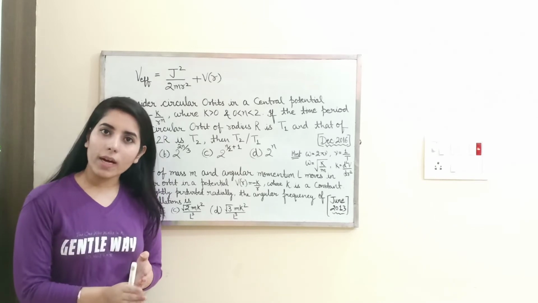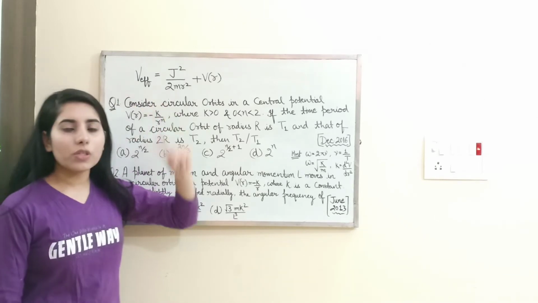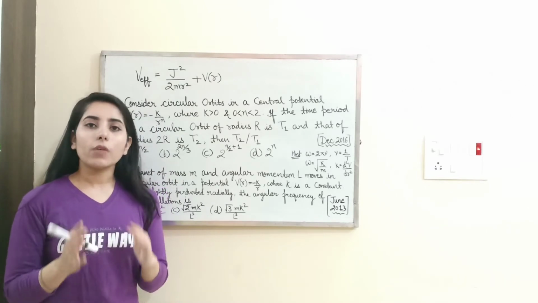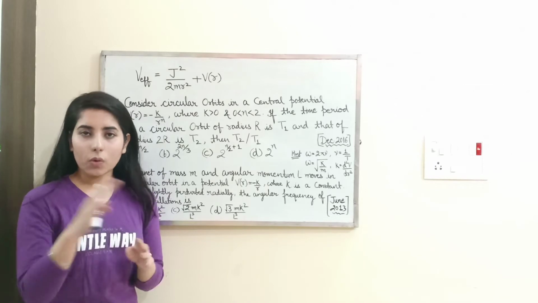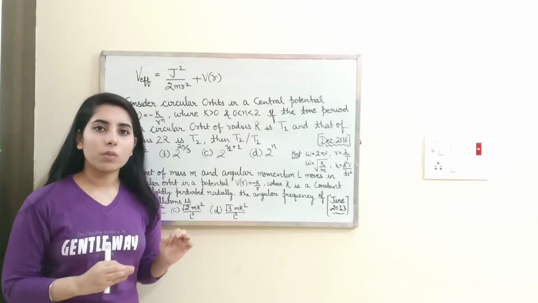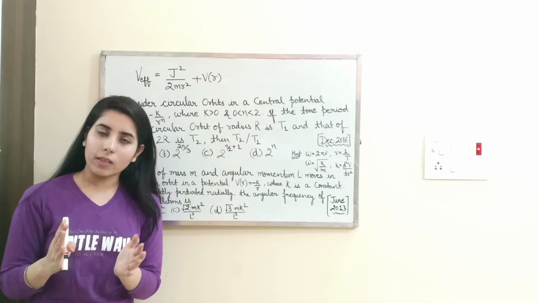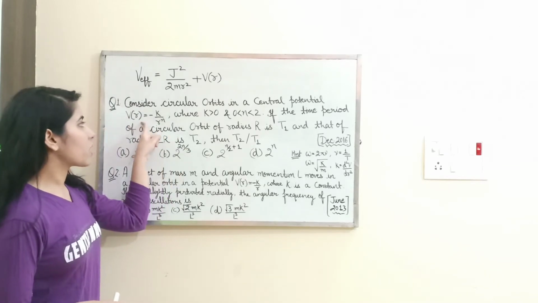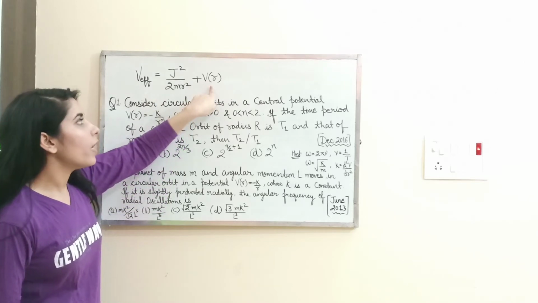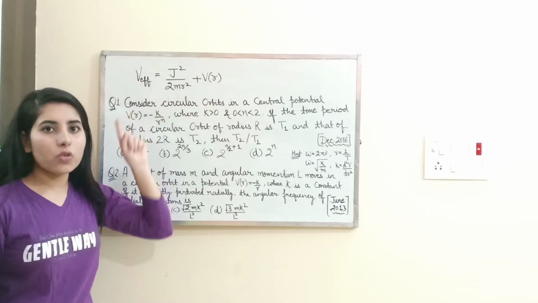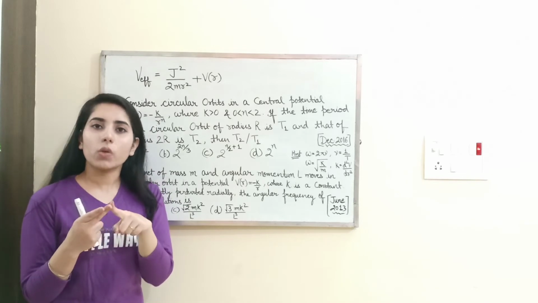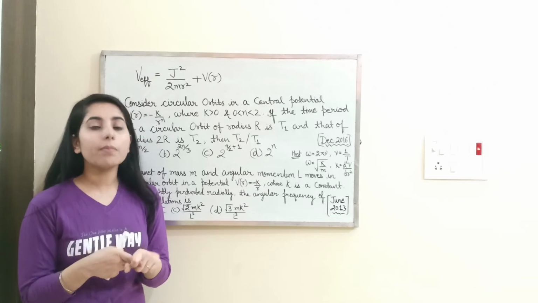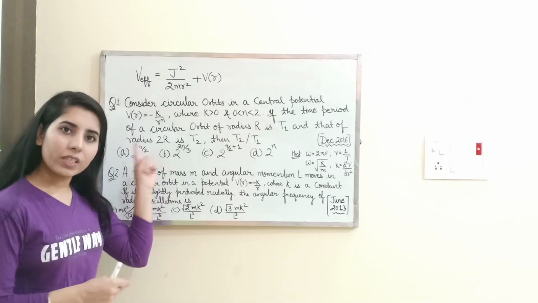If potential is required, you will use the effective potential if your question is related to circular orbit, or if angular momentum is given in the question, or some hint about the angular momentum, or angular momentum is exactly written. Then also we can't use the given potential expression; we have to use the effective potential. So in two cases, when the question is related to circular orbit, or related to angular momentum, we will consider the effective potential.